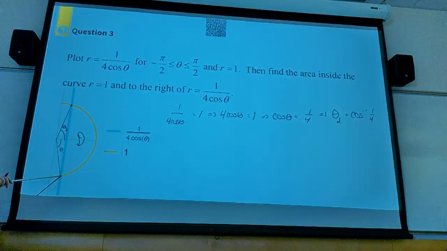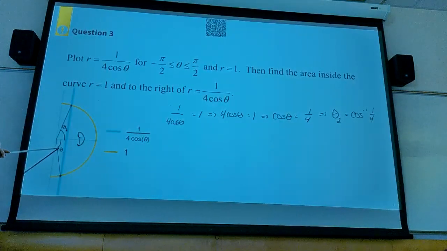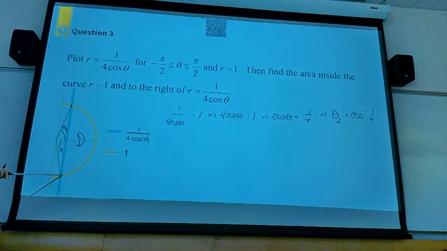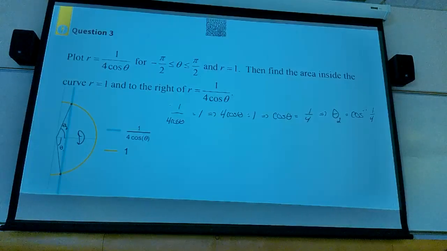But since we're going clockwise, that would be negative. Remember, going clockwise is a negative direction. So negative inverse cosine of a quarter.